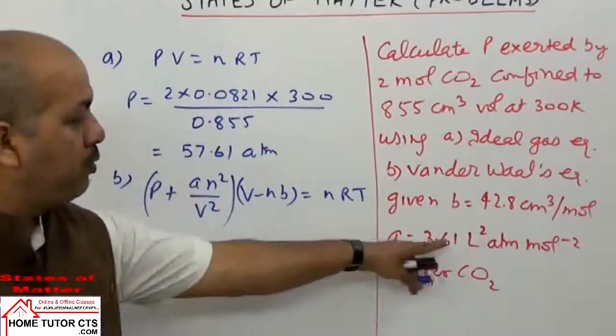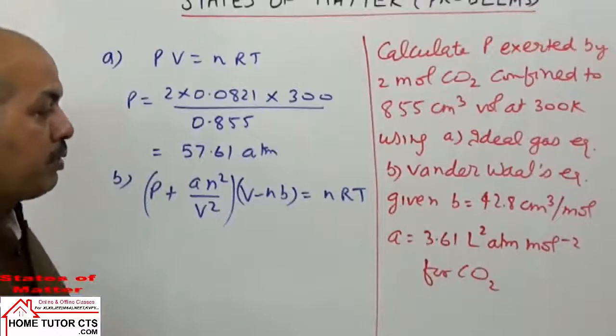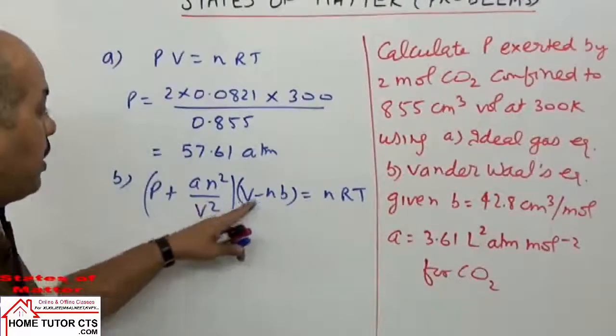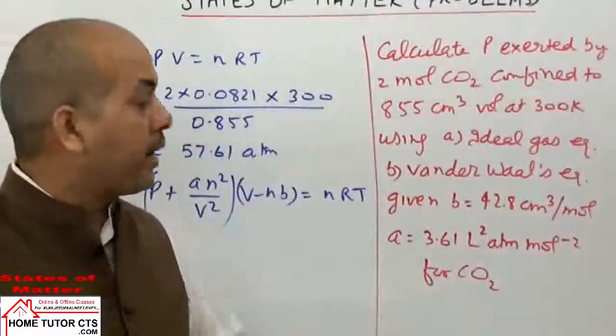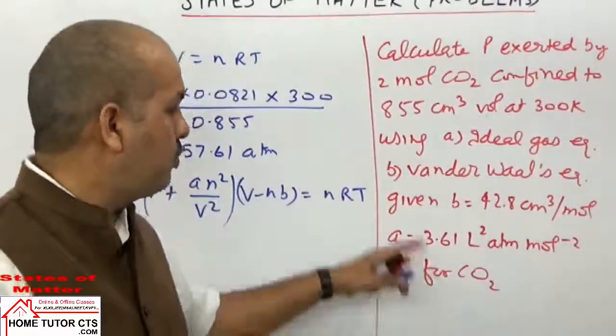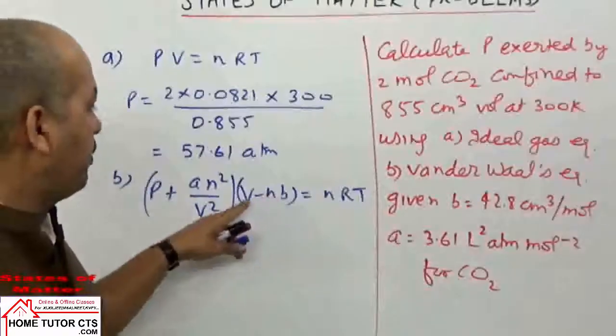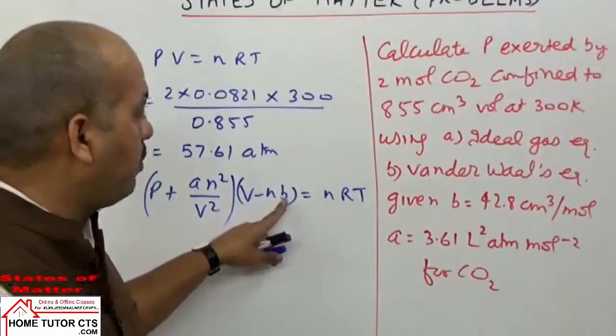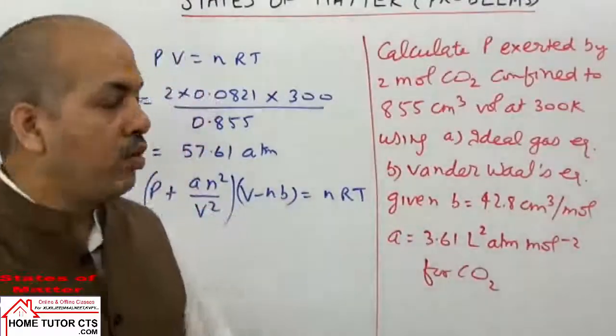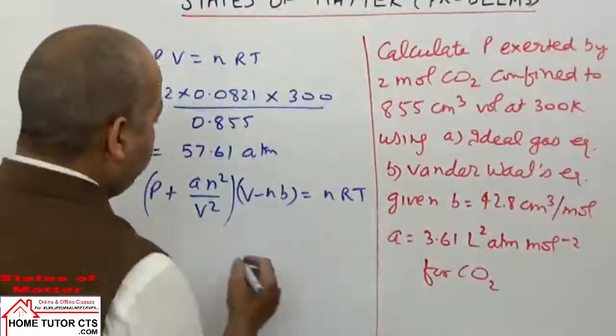A का आपको दिया है unit same liter square atmosphere per mole square, but आपका b का वैल्यू दिया है 42.8 cc convert to liter per mole, because we take volume in liters, n is number of moles, so we should take small b also in liter per mole. So how to get liter per mole small b?